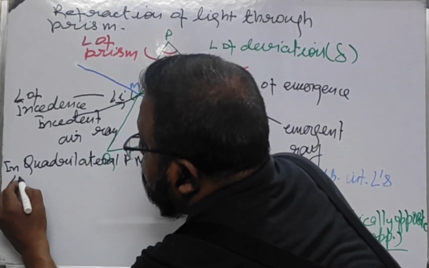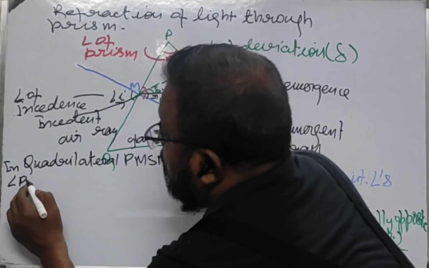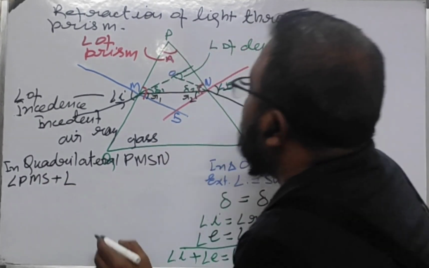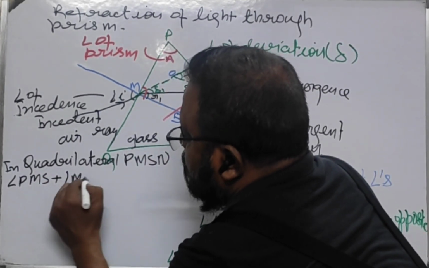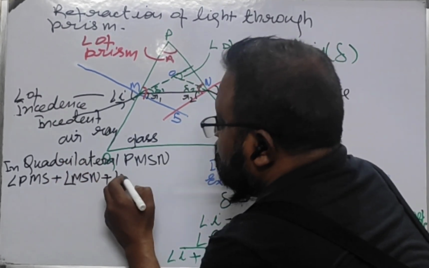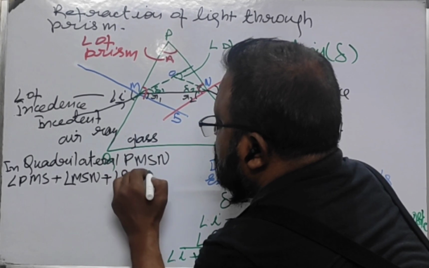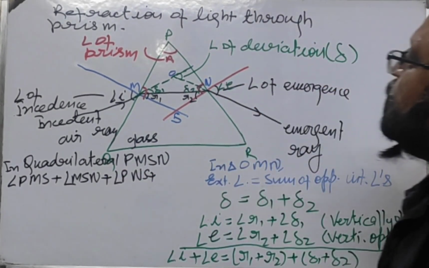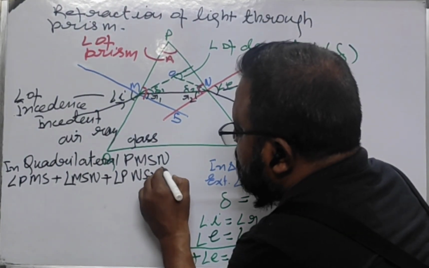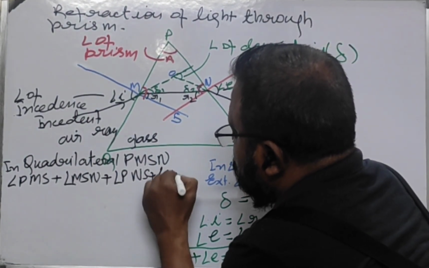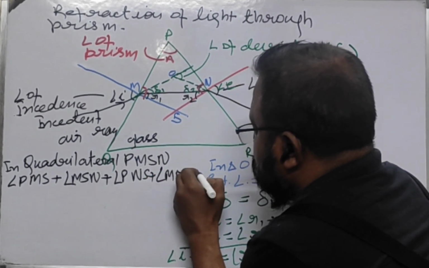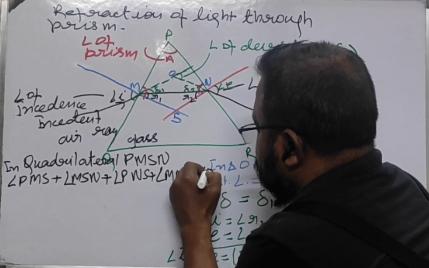Angle PMS plus angle MSN plus angle PNS plus angle MPN is equal to 360 degree, right?